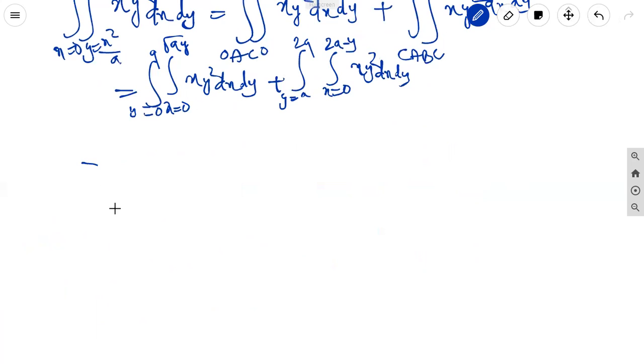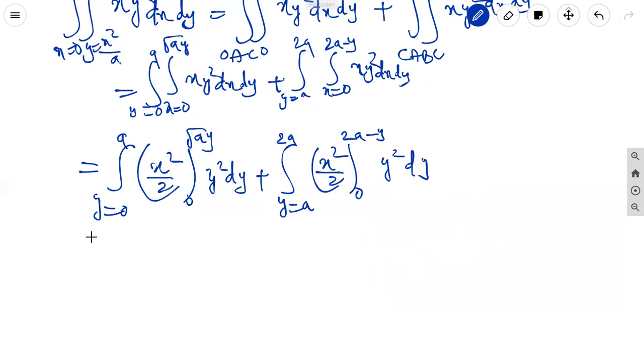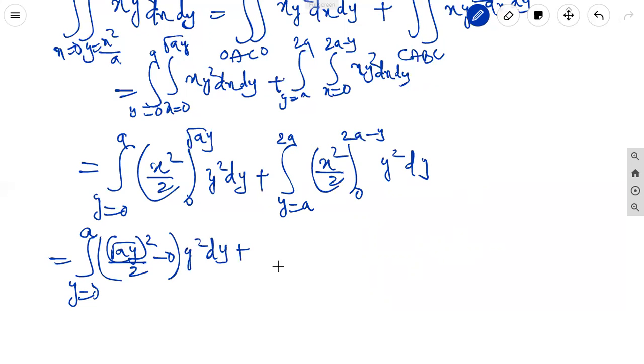It is equal to integral y equal to 0 to a, x square by 2 with limits from 0 to root ay, y square dy, plus integral y equal to a to 2a, x square by 2 with limits from 0 to 2a minus y, y square dy, equal to integral y equal to 0 to a, (root ay) whole square by 2 minus 0, into y square dy, plus integral y equal to a to 2a, (2a minus y) whole square by 2 minus 0, into y square dy.